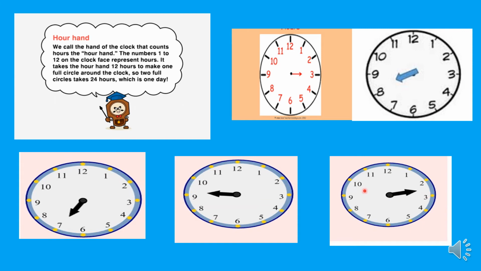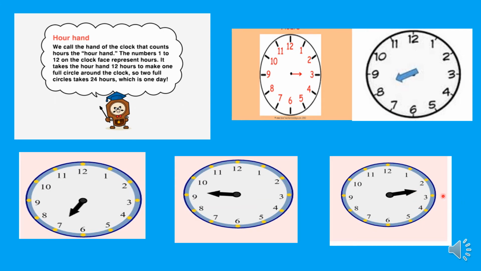See, look at this clock here also. Our hand is in between 2 and 3. So what do you have to say, 2 or 3? We should say it is 2 o'clock only.